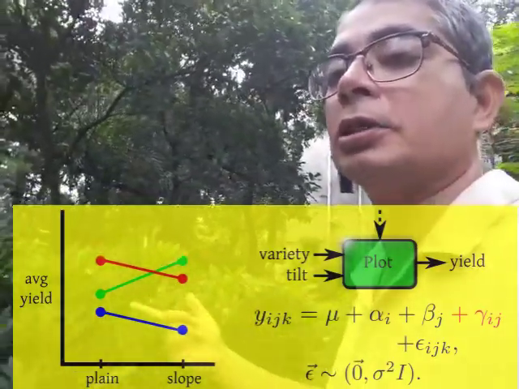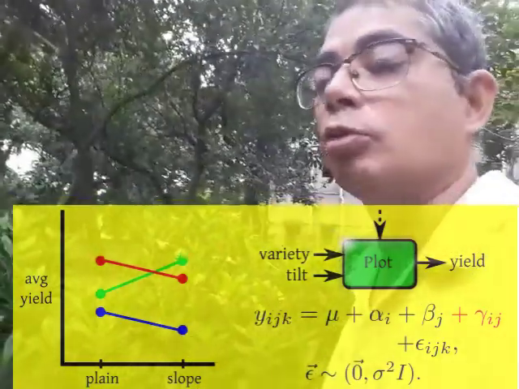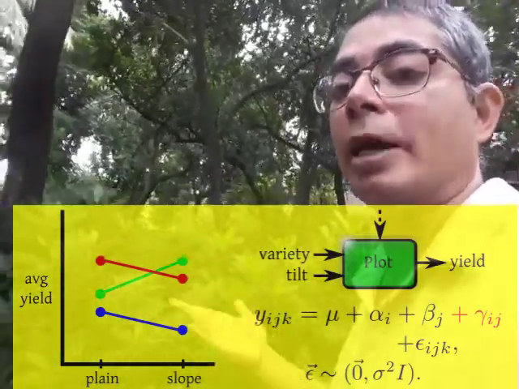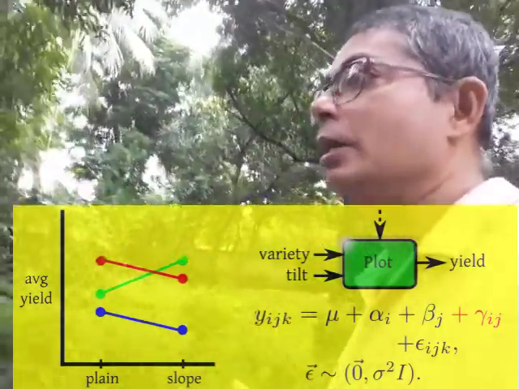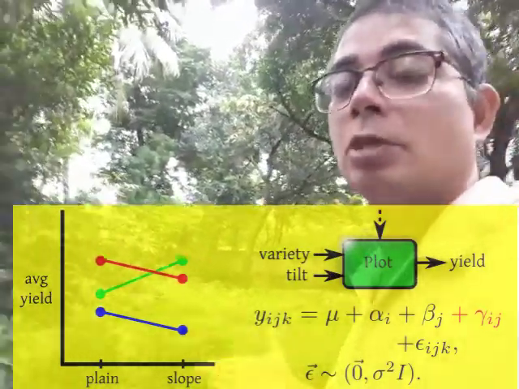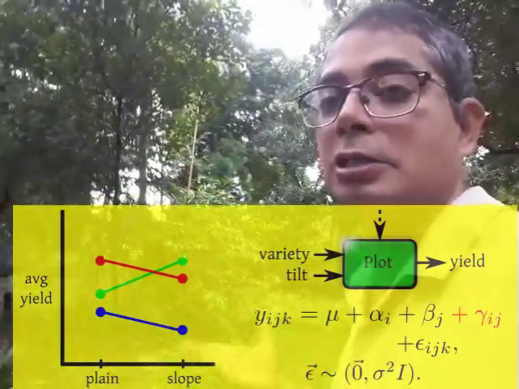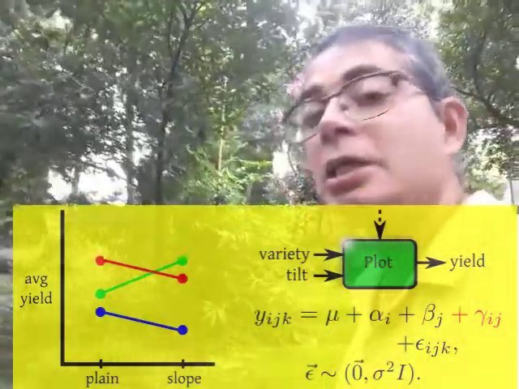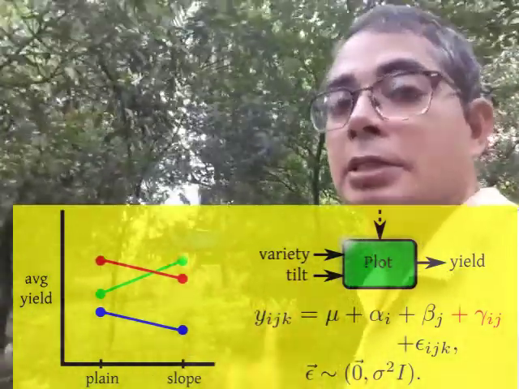On the other hand, for this green variety, the yield actually goes up when you go into slope. So sloping land is better for variety 2, whereas it is worse for variety 1. So we cannot answer a question like, is slope good or bad? It depends on what variety you are talking about. That is exactly the idea behind interaction, and that is why this extra term is called the interaction term. It takes both i and j simultaneously into account.